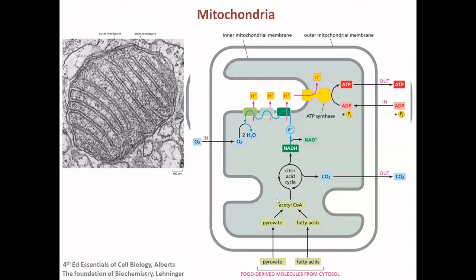Here the various reduced molecules like NADH are present that will be used by the electron transport system to generate a proton motive force or a proton potential across the inner mitochondrial membrane. There is a high proton concentration here that will be discussed.